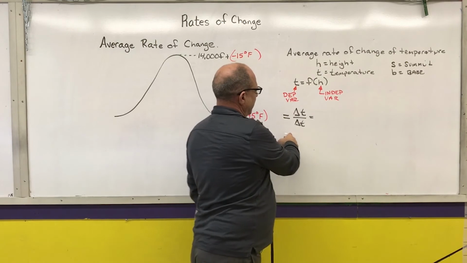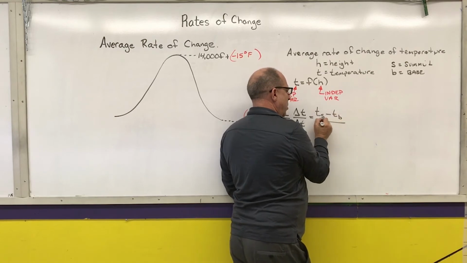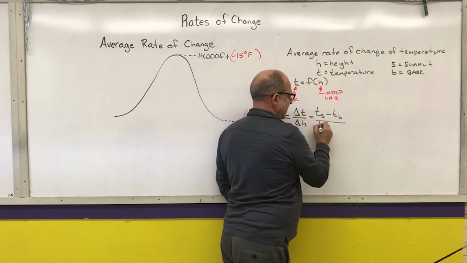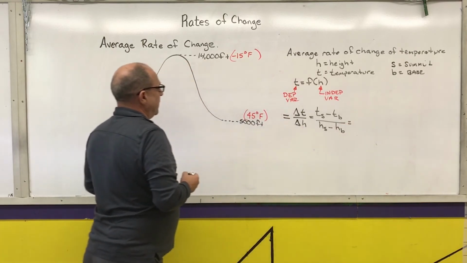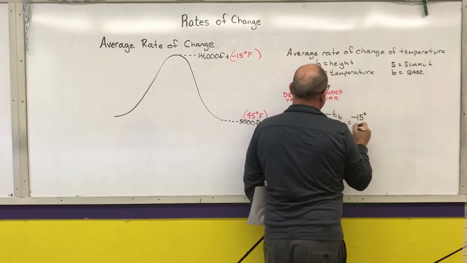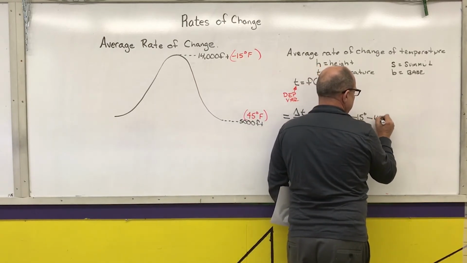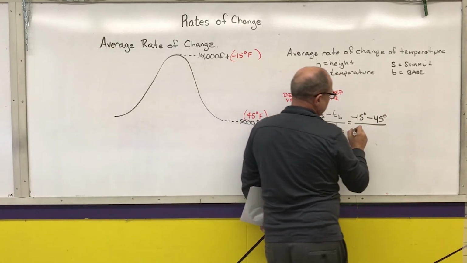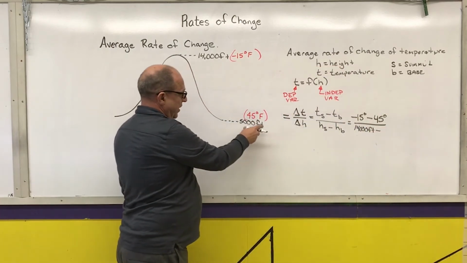So my change in temperature is the temperature at the summit minus the temperature at the base, over the change in height, the height at the summit minus the height at the base. The temperature at the summit was -15 degrees, minus the temperature at the base, 45 degrees, over the height at the summit, 14,000 feet, minus the height at the base, 5,000 feet.